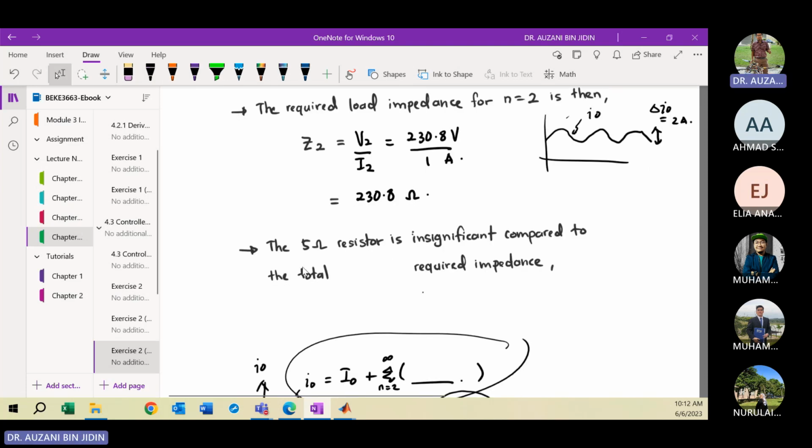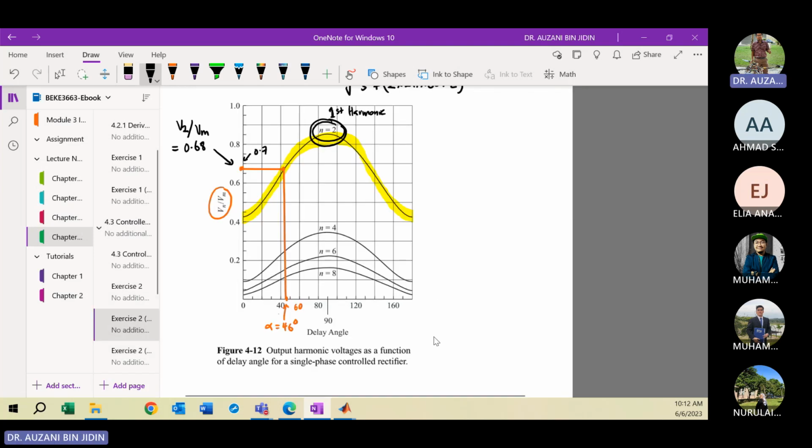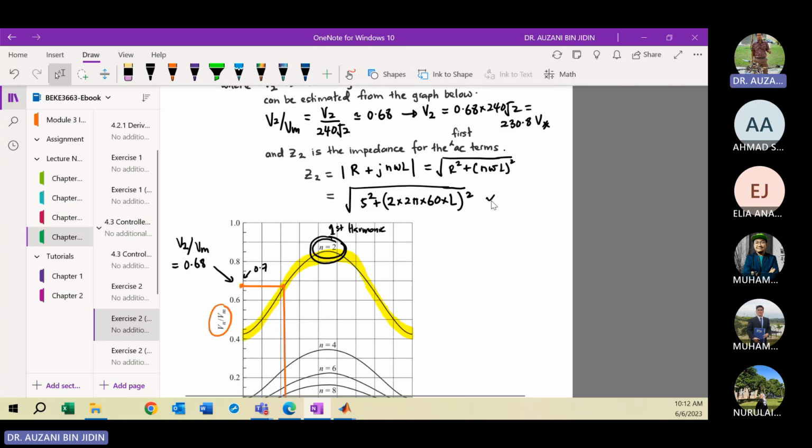To simplify our analysis, you can ignore the effect of R, since your R value of 5 ohm is too small compared to the total impedance, which is 230.8 ohm, the required impedance. So in this case you apply this equation and you can ignore this term, because the R value is too small.